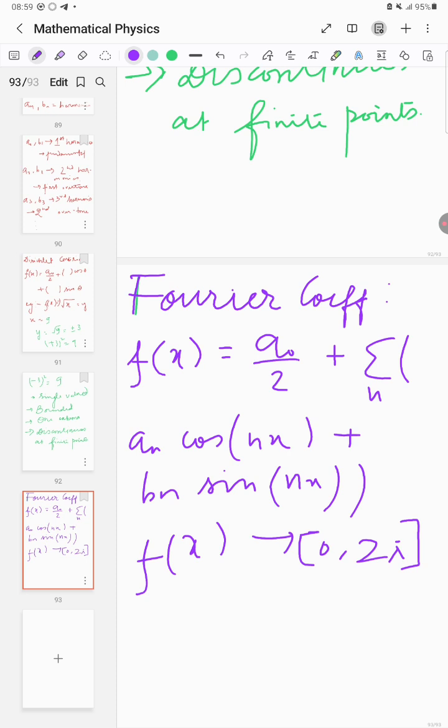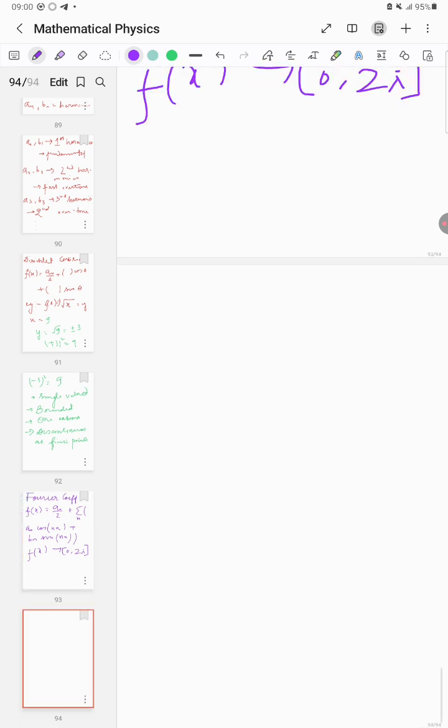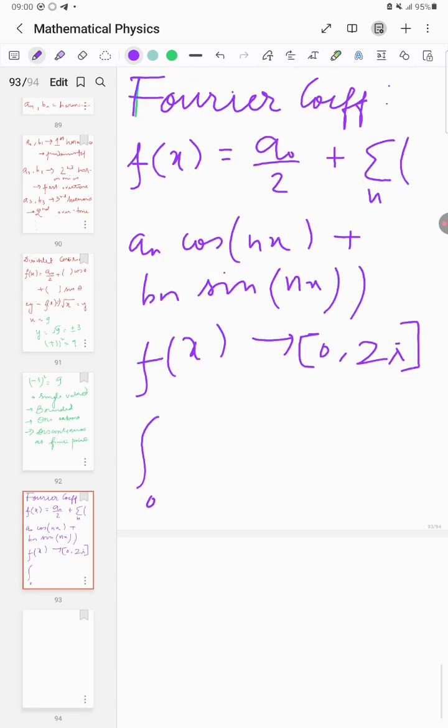All right, then what happens? Then we can integrate this entire equation, starting from here and ending here, from 0 to 2 pi.